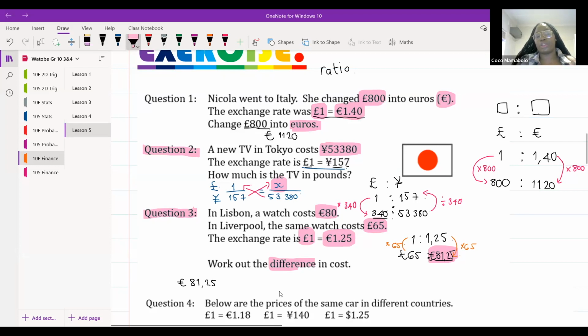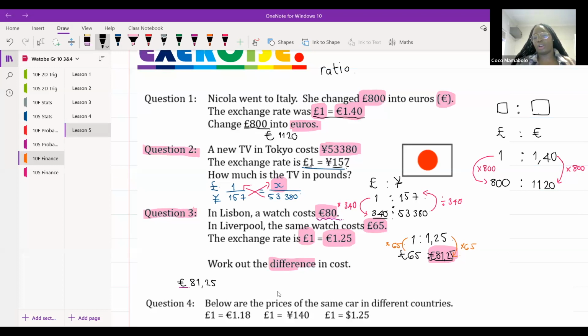Because we've worked it out so that we have the euros, what we then have to do is compare euros to euros. Okay, so I'm going to have 81.25 minus this 80 euros that they've already given me. You see that? So I need to use euro. Am I making sense? Yes, ma'am.